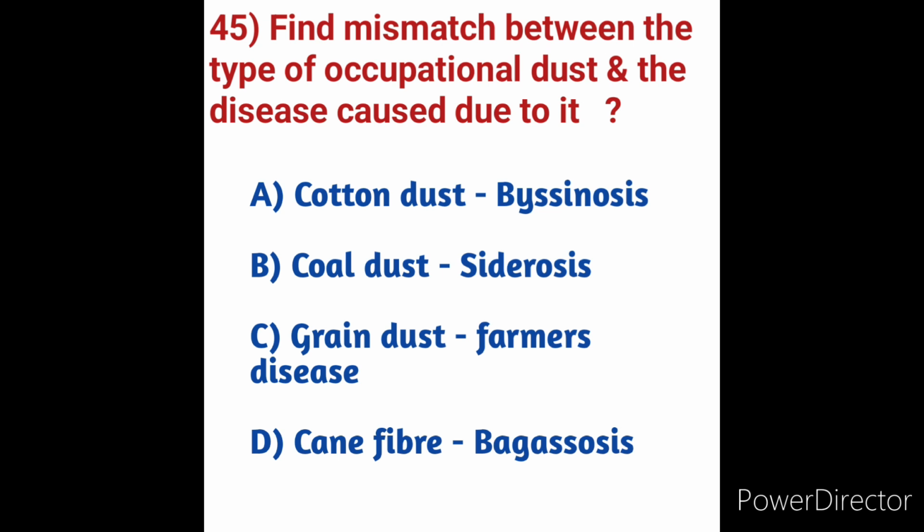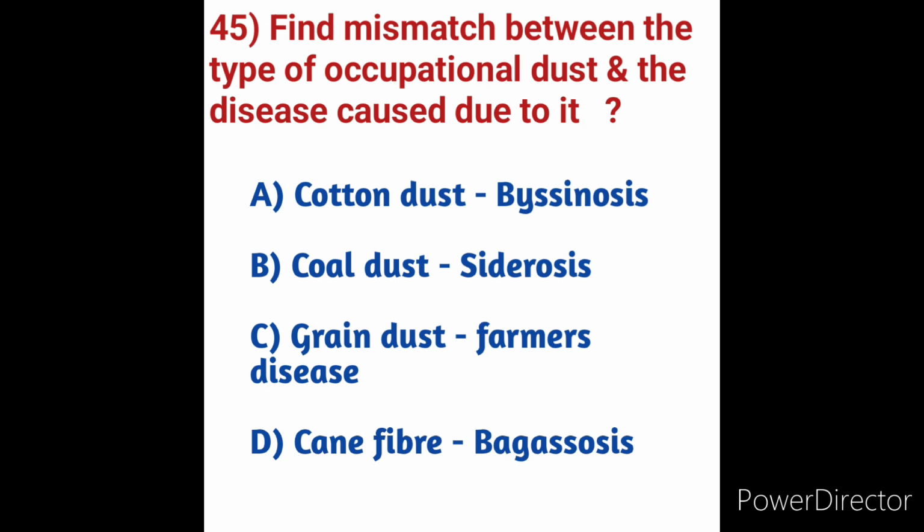Option B, coal dust, siderosis. Option C, grain dust, farmer's lung disease. Option D, cane fiber, bagassosis. Related to option A and option D, we already discussed in the subject of microbiology.